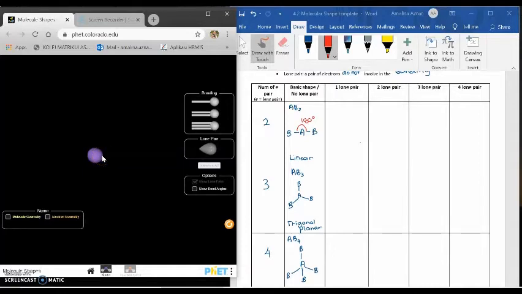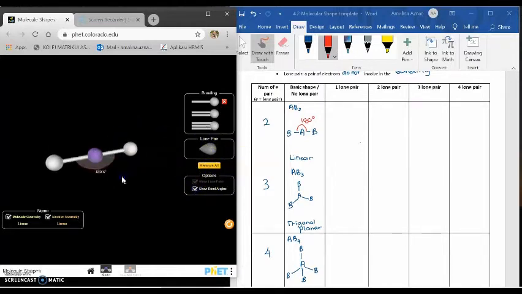Okay, so the purple dot here is the central atom. Let's say you have two bonding pairs, so add two bonding pairs. Tick here molecular geometry, it will give you information that it is linear and the electron geometry is also linear since there is no lone pair. And then show the bond angle.